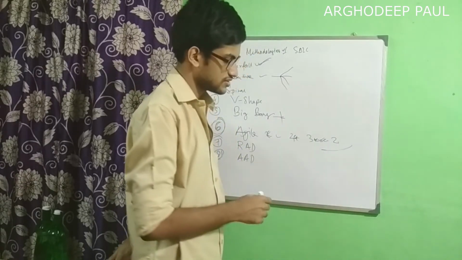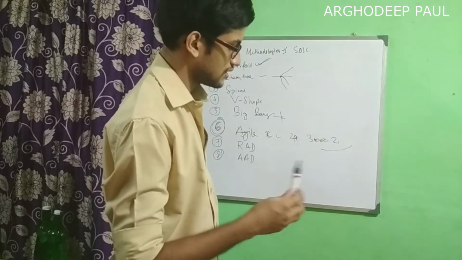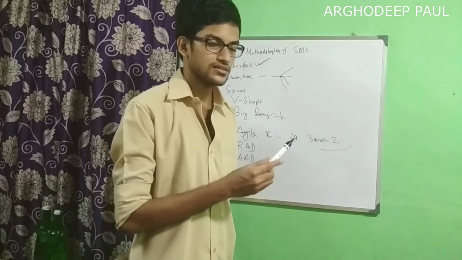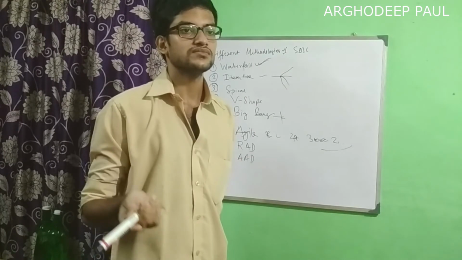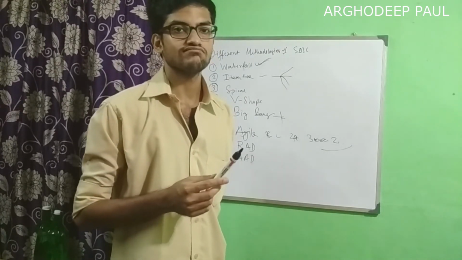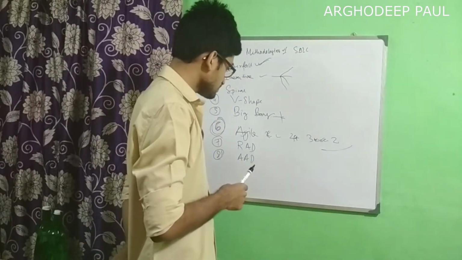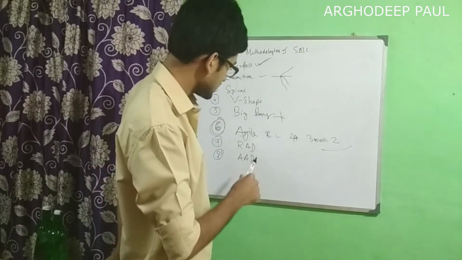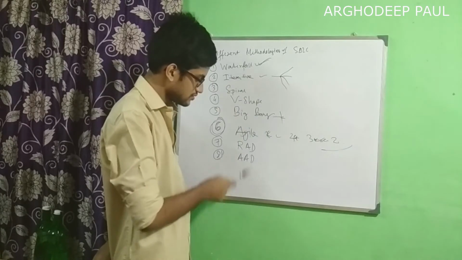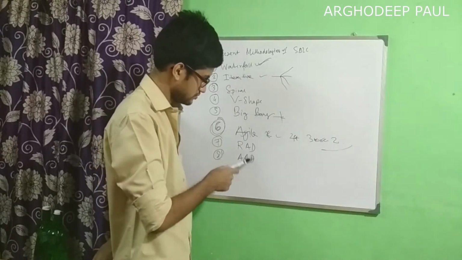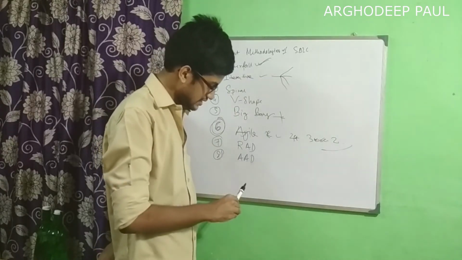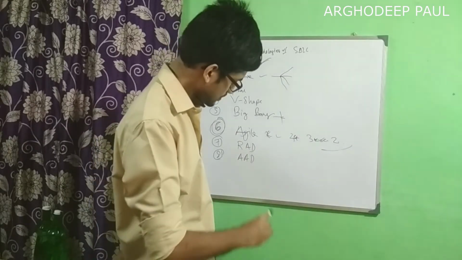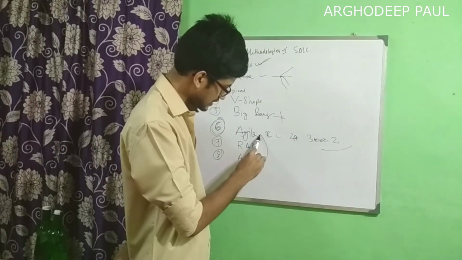Again after 3 weeks we will be adding another 2 features, and this thing keeps going. This is all about agile, and that could be applied to any of the methodologies. AAD is adaptive application development, which is another part of agile.